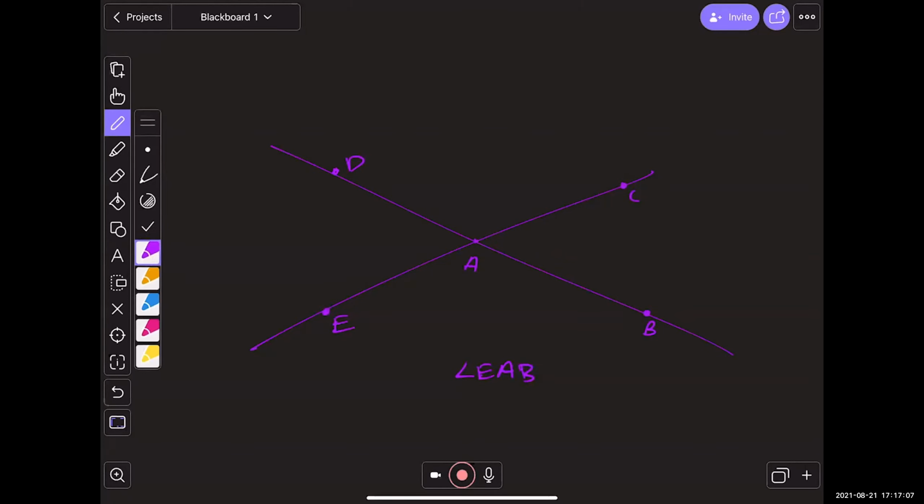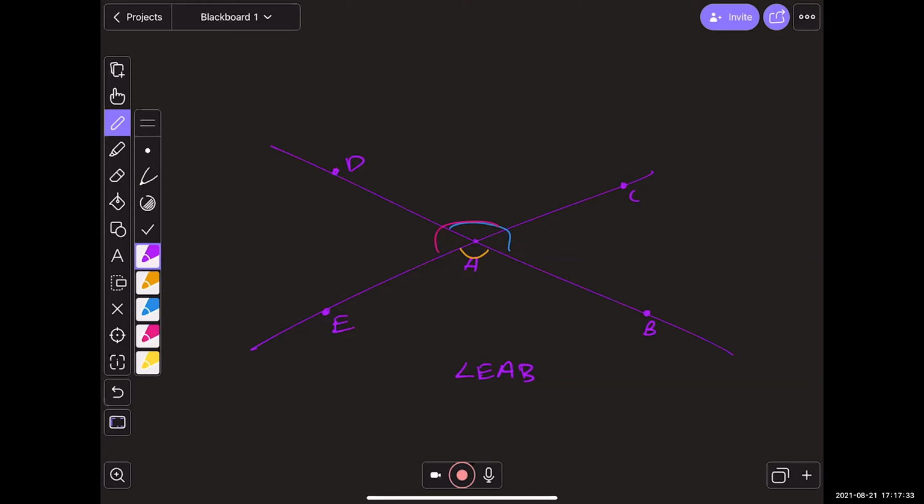So angle EAB would refer to this angle right here, right? Any other angles? So James says angle DAB. So that would be this angle here, and EAC. So those are angles, yes. They weren't really the angles I was expecting you to give me, but they are angles.